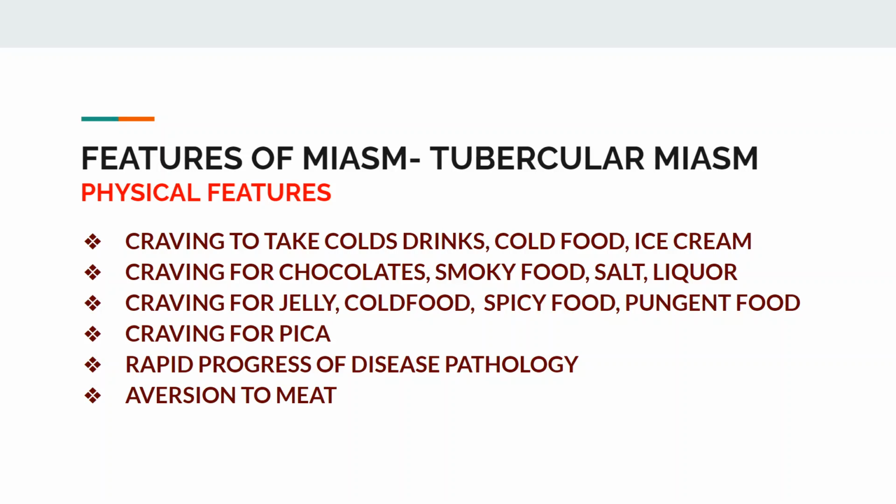Rapid progress of disease pathology is a very important feature in tubercular miasm. Pathology progresses very fast. Aversion to meat. So these are the physical features you will find in patients which you can identify as features of tubercular miasm.